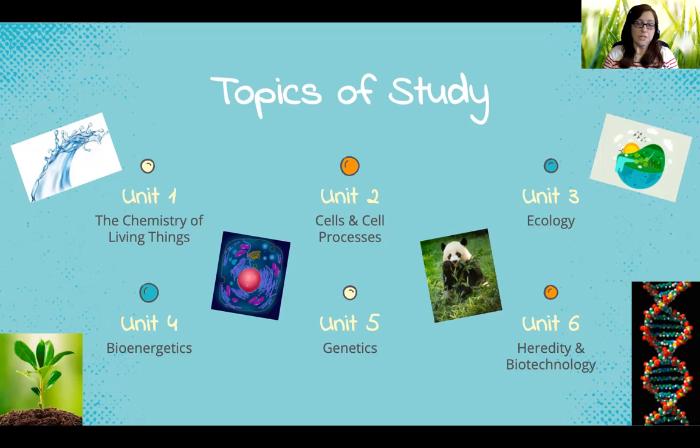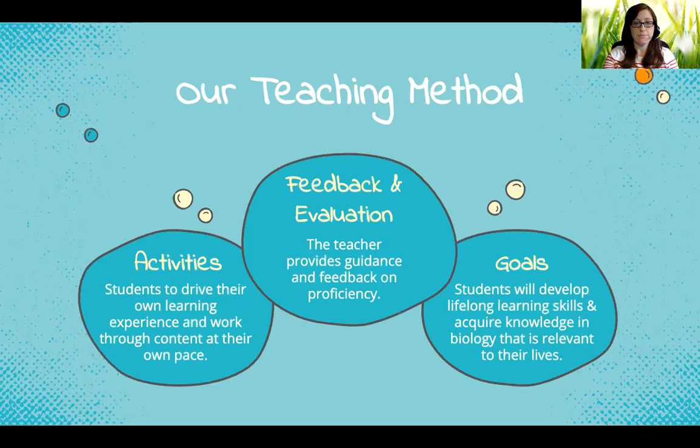Then at the ecology level, we'll jump into energy. Then now having the energy and metabolism to do things, we're going to talk about replication and reproduction. So we'll be looking at genetics. And then we will end with talking about heredity and biotechnology.